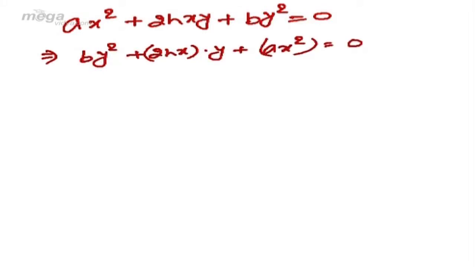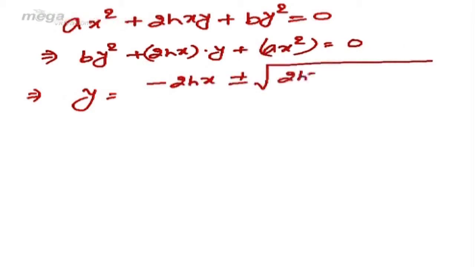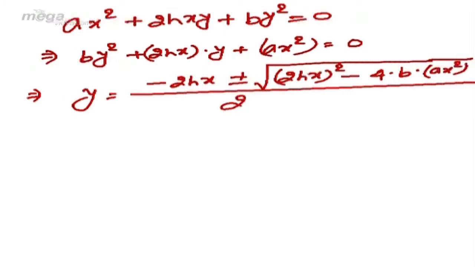For y, if you solve it, because it is a quadratic equation in terms of y, we can solve by using the quadratic formula: minus b plus minus root under b square minus 4ac, divided by 2a.